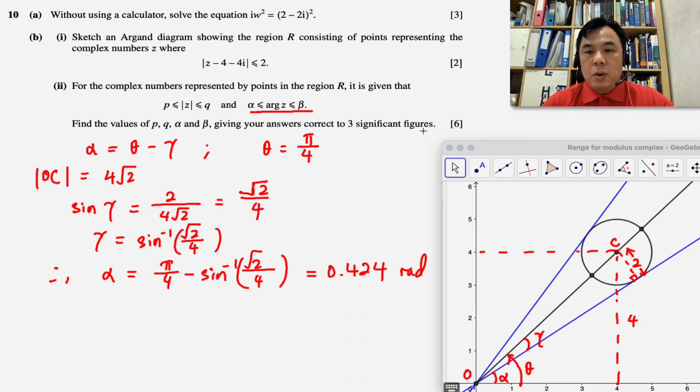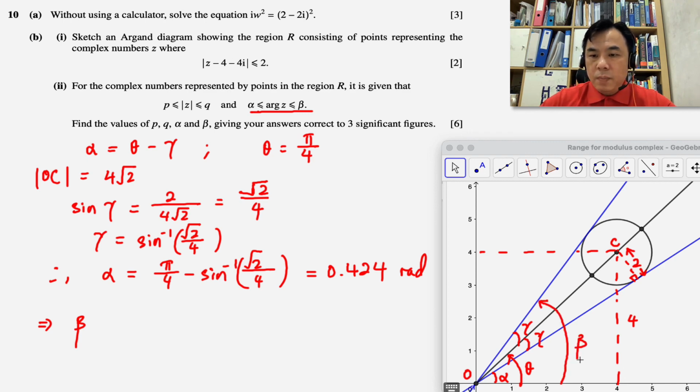And then as for beta itself, it shouldn't be a problem, because this angle here is also the same as gamma. Beta is all the way from the horizontal line until here.